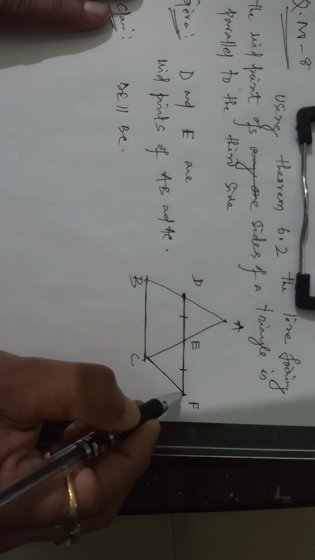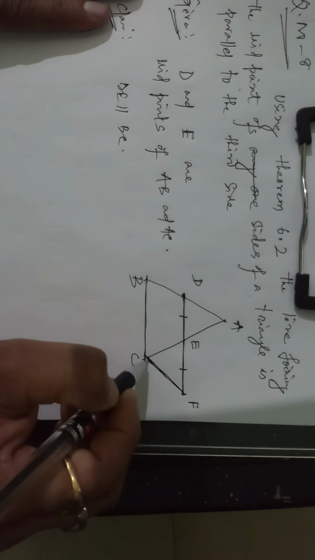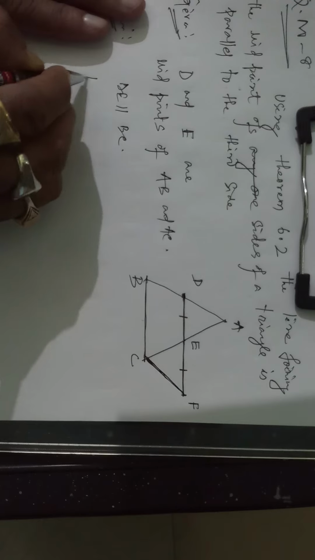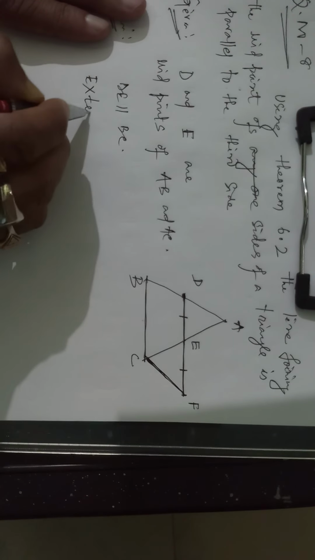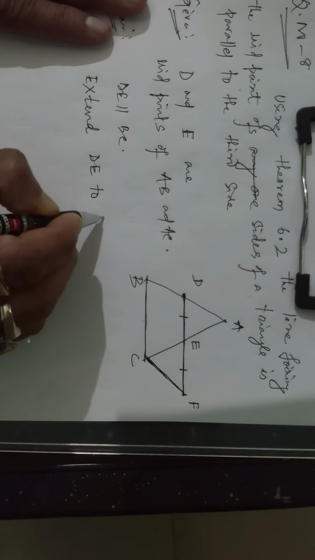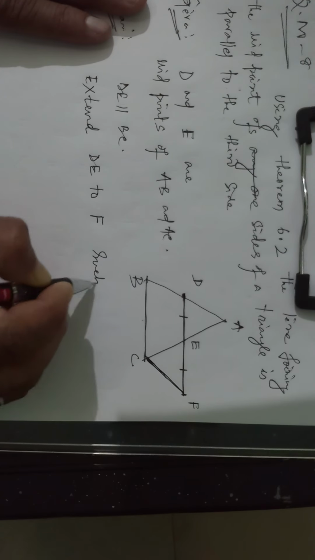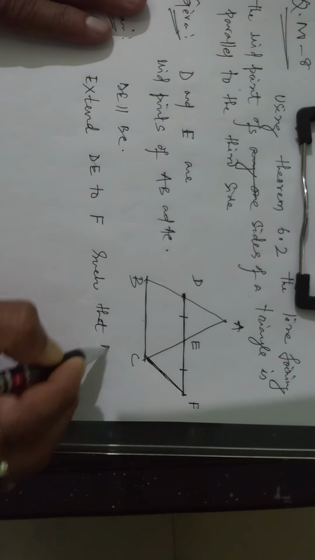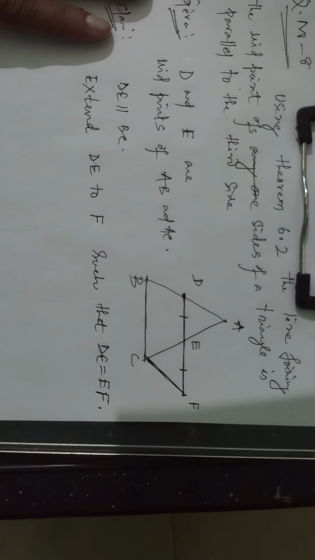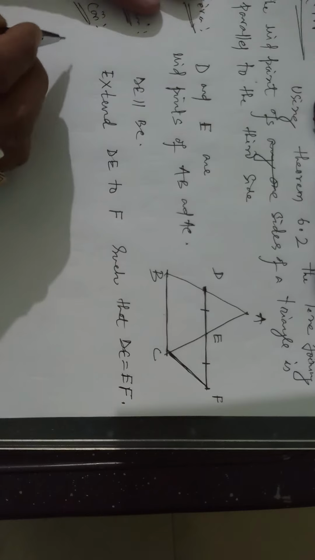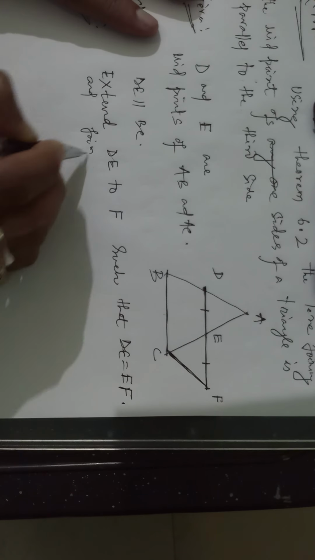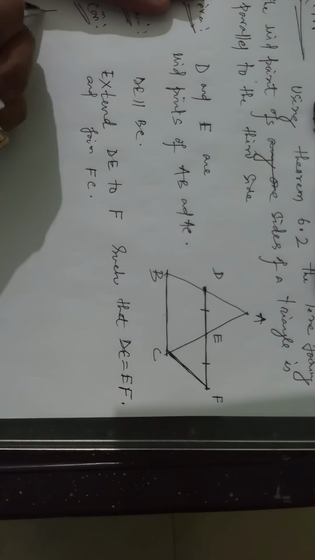Students, this type of proof you have already learnt in class 9th. Okay, so you write here: extend DE to F such that DE equals EF, and join FC.